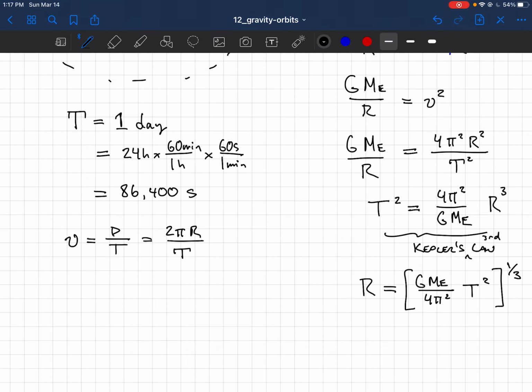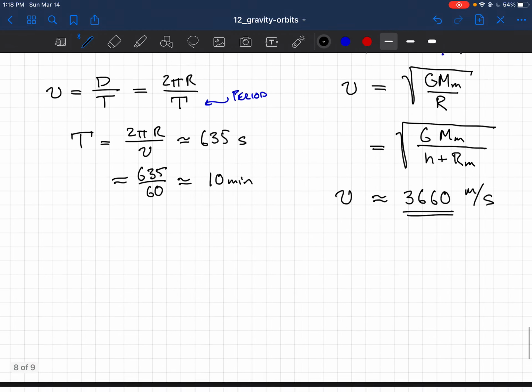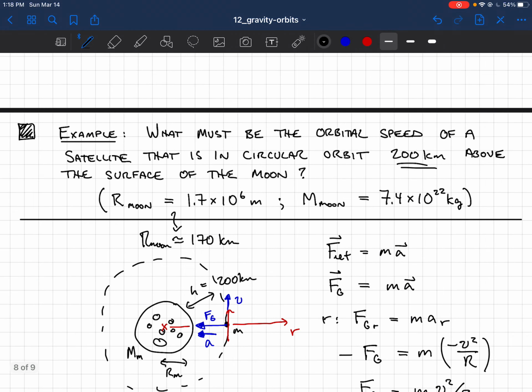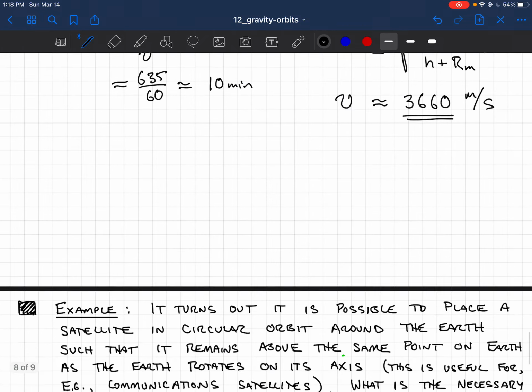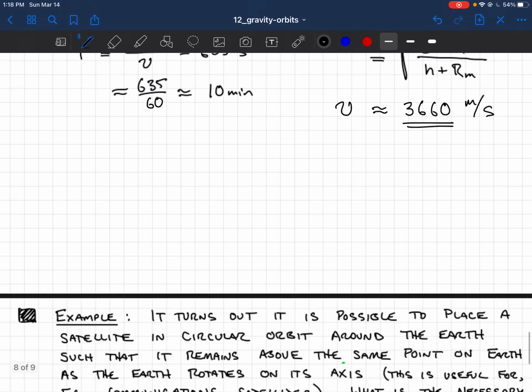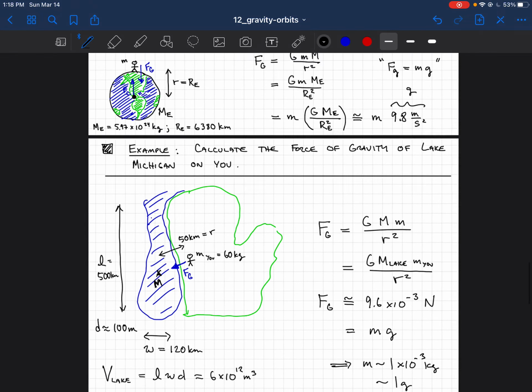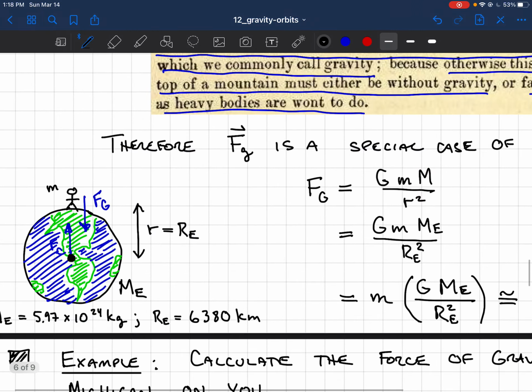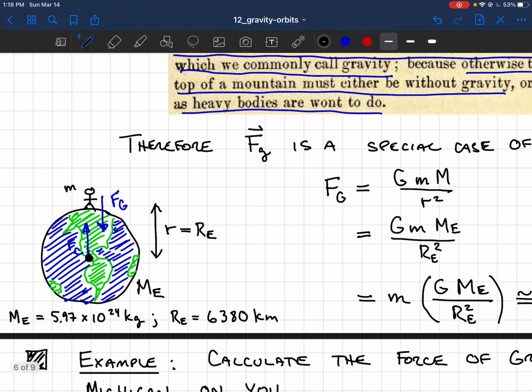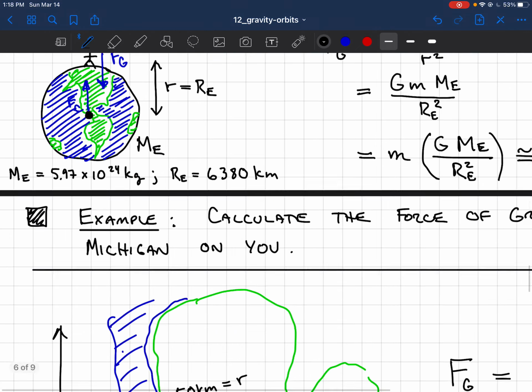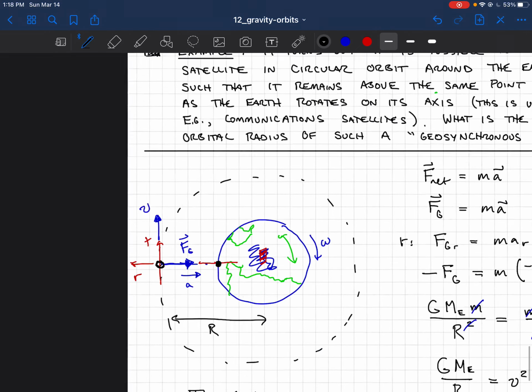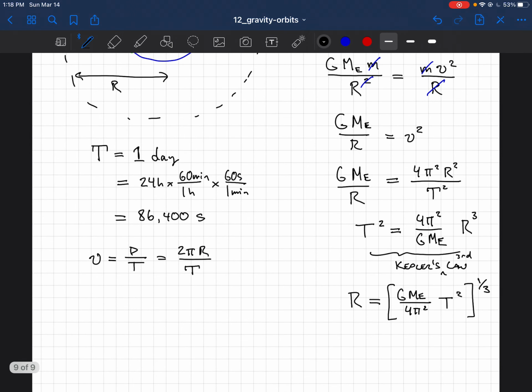So we have 6.7 times 10 to the minus 11 for the gravitational constant. The mass of the Earth, I've got to go back up and find that. Oh, I don't have it there. I did put that somewhere, didn't I? Mass of the Earth. I did, up here. So the mass of the Earth is 5.97 times 10 to the 24 kilograms. And then we divide by 4 pi squared.